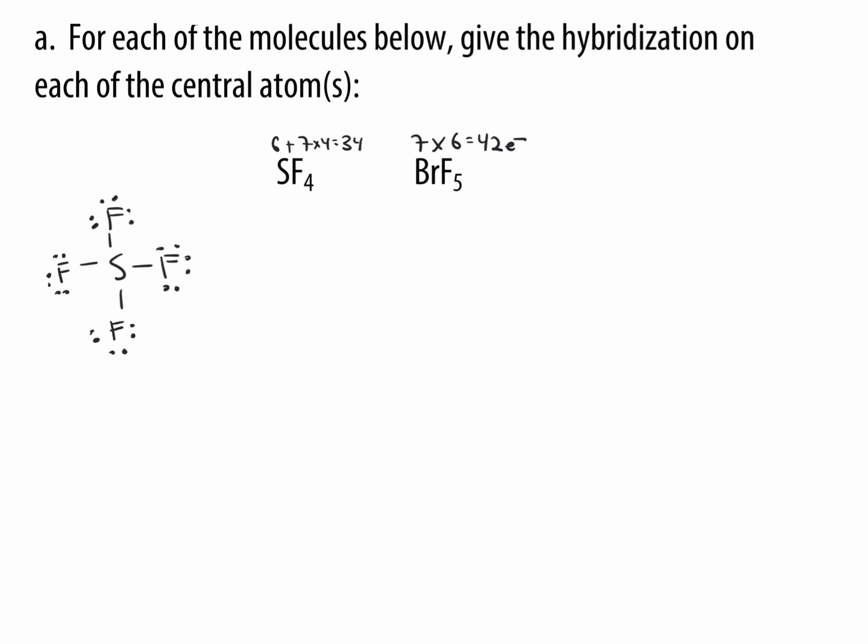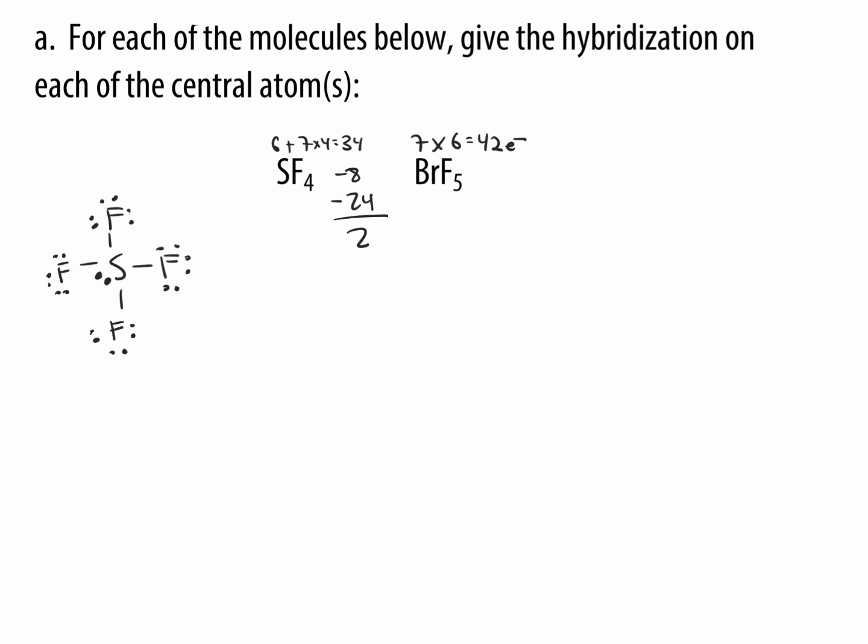Now that we have that, if we look at our electron count, we've used 2, 4, 6, 8 for the skeleton structure, and then we've used 2, 4, 6, 8, 10, 12, 14, 16, 18, 20, 22, 24 electrons for all of these. That leaves us with 2 electrons left over. So remember, you always need to keep track of your electron count. In this case, even though we have octets in all the atoms, we're not done. There's 2 extra electrons, and they have to go on that central atom. So we have that extra lone pair on sulfur.